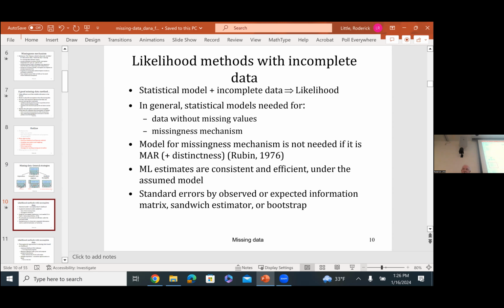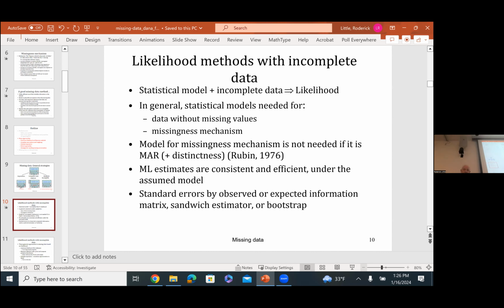So it's nice if you can avoid having to model the missingness mechanism. Most of the software out there for handling missing data, the multiple imputation software, for example, does not include a model for the missingness mechanism. It doesn't ask you how the missing data is related to the variables in the data set. You don't get asked that question.